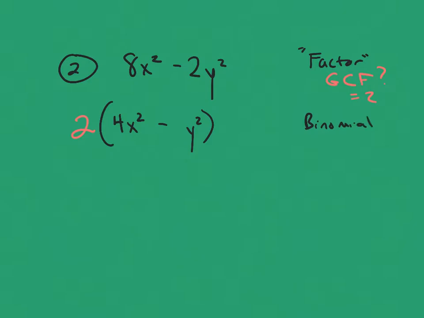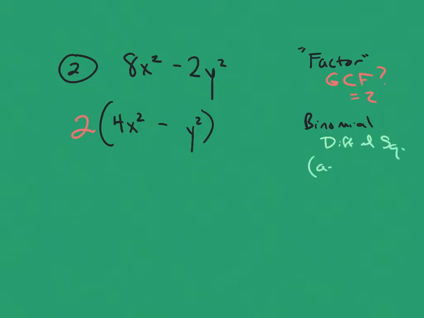So we want to check difference of squares, difference of cubes, or sum of cubes. It's definitely not sum of anything. And if you look at the numbers, 4 is a square, x squared is a square, and y squared is a square. So this one is difference of squares.